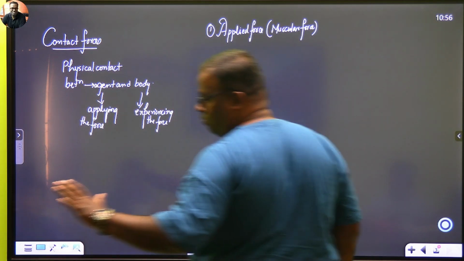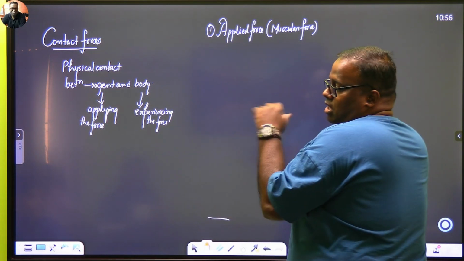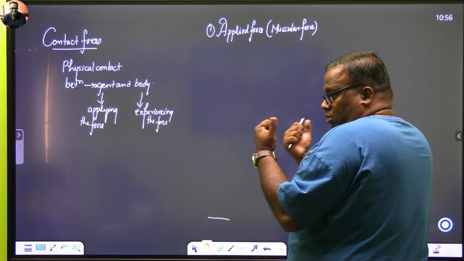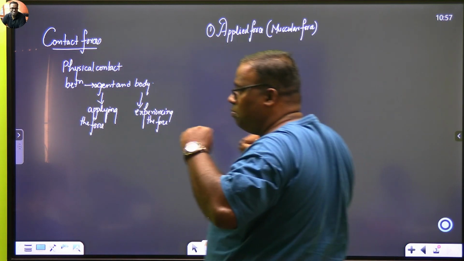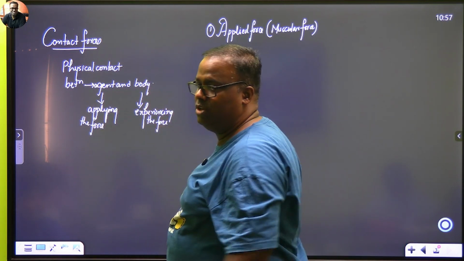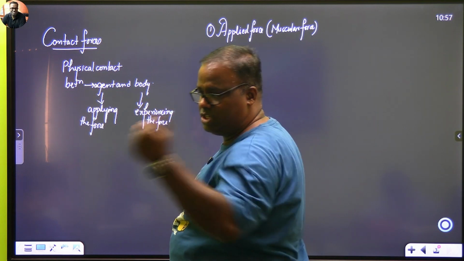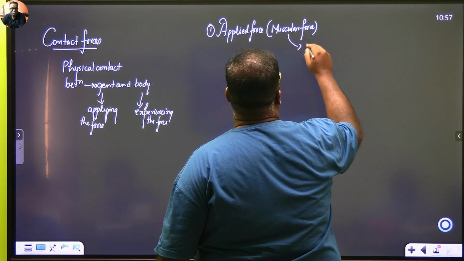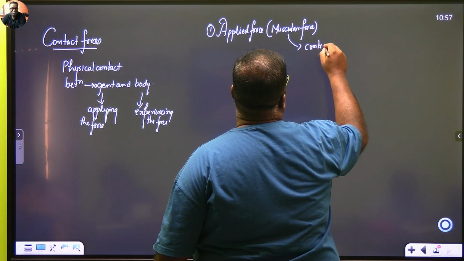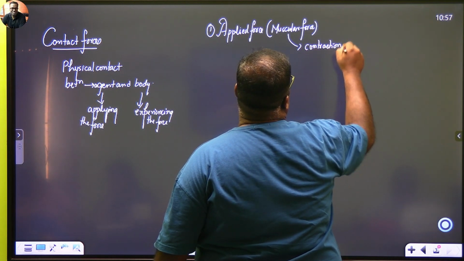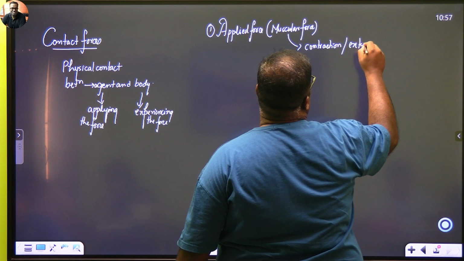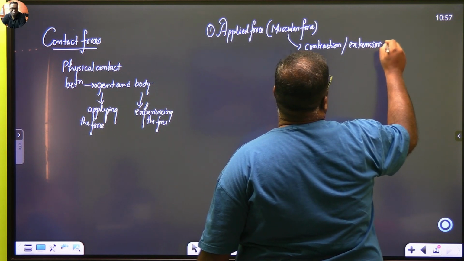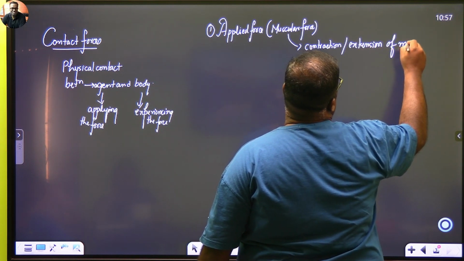You give muscle force. हम जो force देते हैं ना, तो our muscles expand. हम अपने तरफ लाते हैं तो we are relaxing the muscles. And when we are pushing something in a gym, we are actually stretching our fibers. Stretch and contract. This is due to muscular force arises due to the contraction or the extension of muscle fibers.